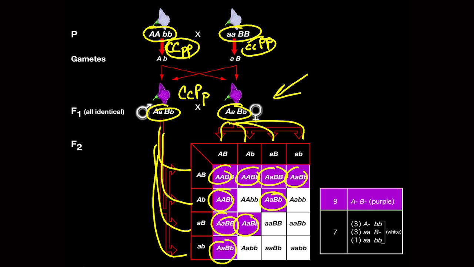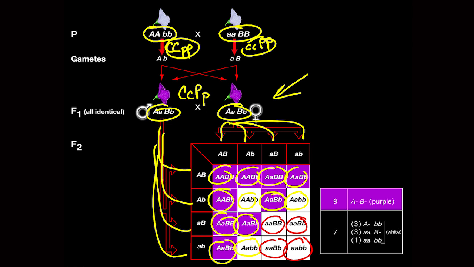If you take a closer look at that, if you want to pause, every one of those and only those has both a big A and a big B in it. All the ones that are white, if you really wanted to do this, you'd find 3 of them that have at least one big A, but they're homozygous for the little b's. Change colors. You'll find 3 that have at least one big B and they're homozygous for the little a's. And then you find that one that's homozygous recessive at both locations.